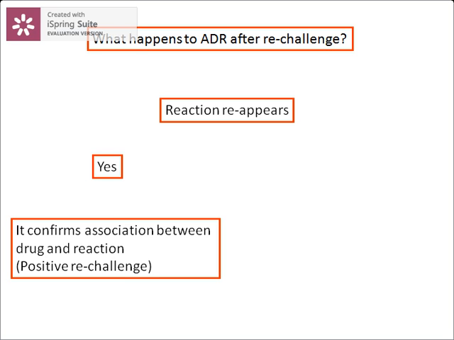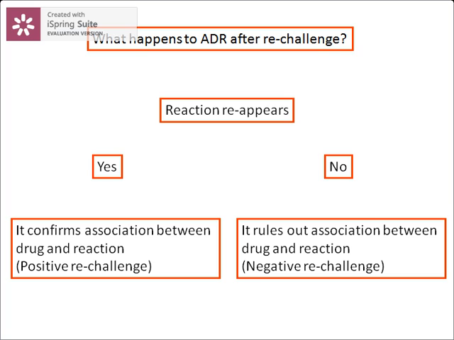If the reaction reappears after the reintroduction of the drug, it confirms the association between drug and reaction because it has a repeat value, and it is considered a positive re-challenge. If the reaction does not reappear after the reintroduction of the suspected drug, it rules out the association between drug and reaction. So it is considered a negative re-challenge.